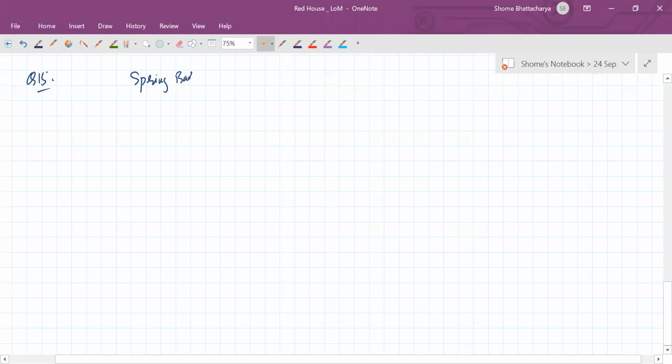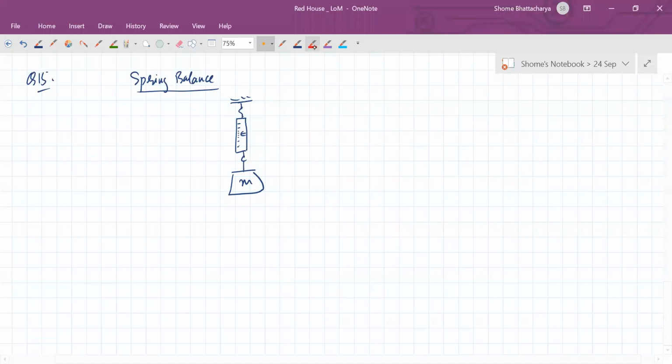Now don't worry that it's a spring balance and we haven't learned about springs yet. Just treat it like an instrument, which it is. This instrument has a marker and a pointer and all that. So if we suspend an object of mass m, this thing develops a tension, and that tension is equal to mg.